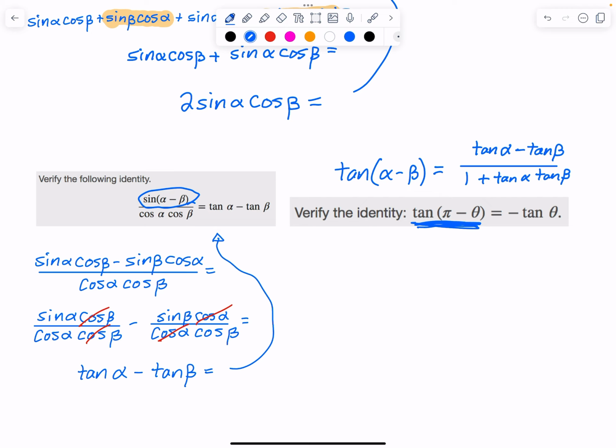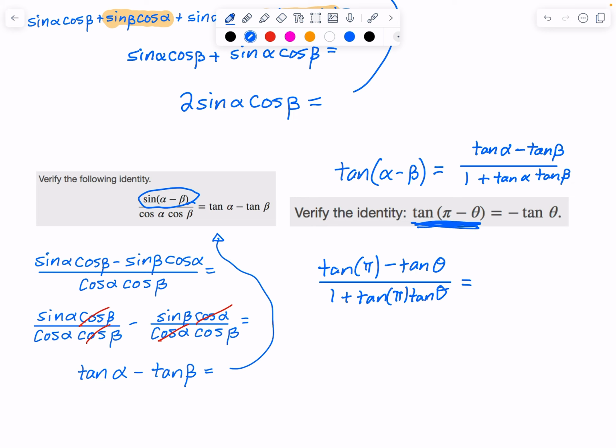It's kind of weird because I don't have an alpha and beta, but it's just pi and theta. So we're going to get tangent pi minus tangent theta all over 1 plus tangent pi tangent theta.